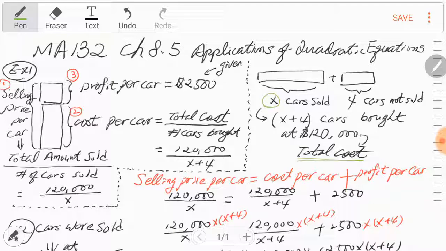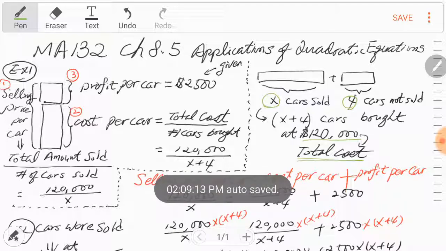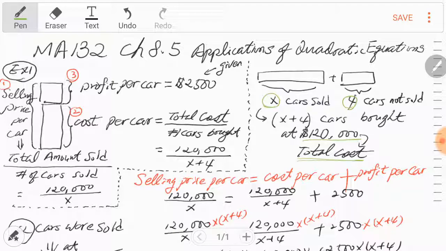So let's say the total number of cars that the car dealer bought is X plus 4. So the car dealer bought X plus 4 cars at $120,000.